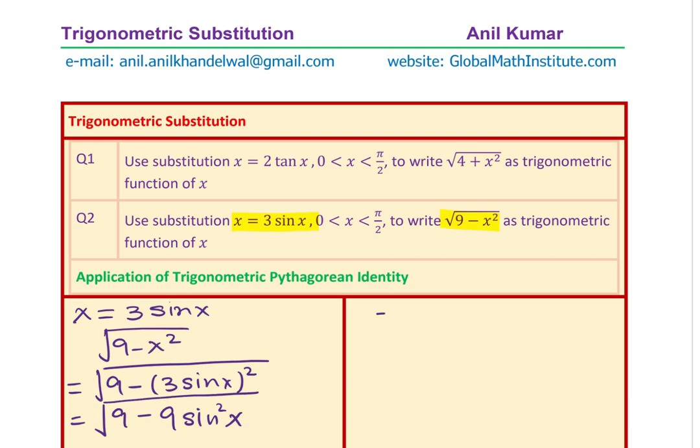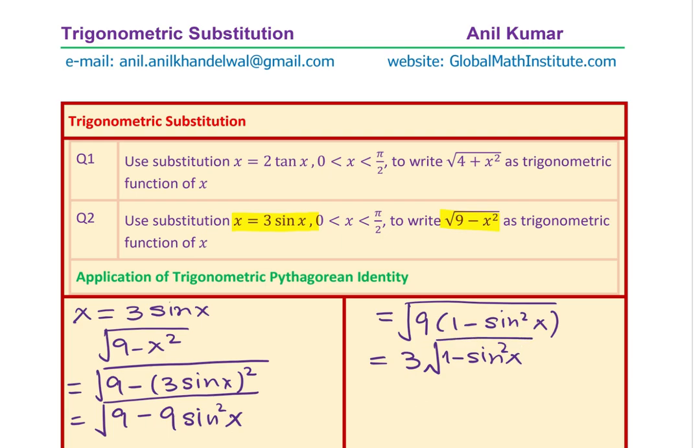As we did earlier, we'll take 9 common. We are left with 1 minus sin square x inside the bracket, right? And square root of that. 9 can be factored out of square root as 3, and we have 1 minus sin square x in the bracket. Now 1 minus sin square x, as you know, is cos square x, correct?